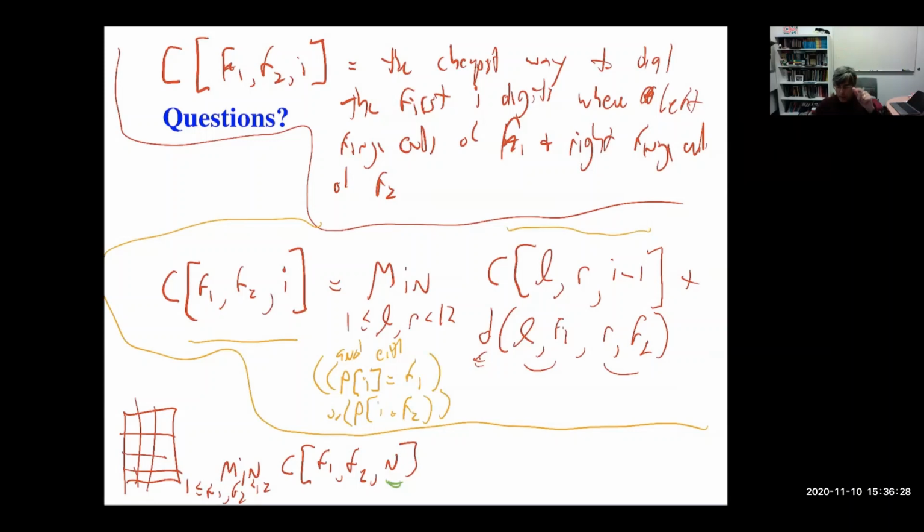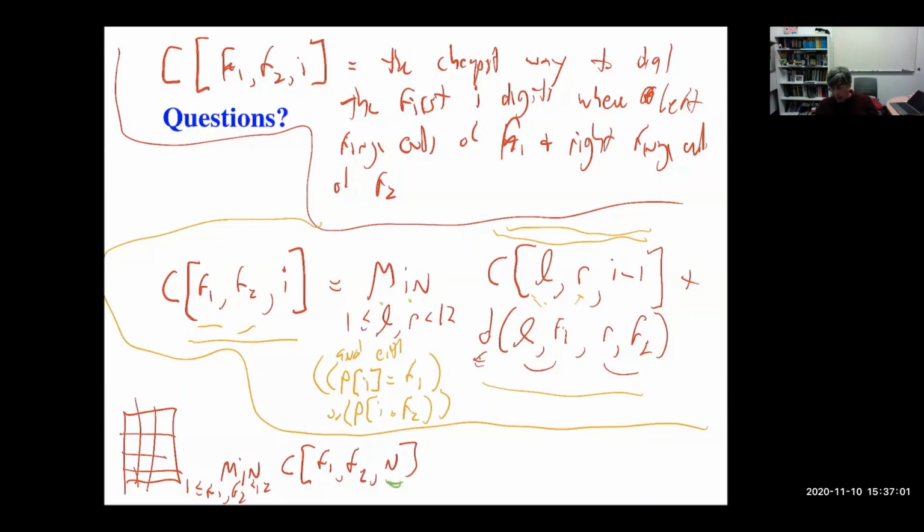Let's say the fingers were at L and R. Then the cost was the cost of dialing the first I digits plus the cost of moving my fingers from L and R to F1 and F2 while successfully dialing the number.